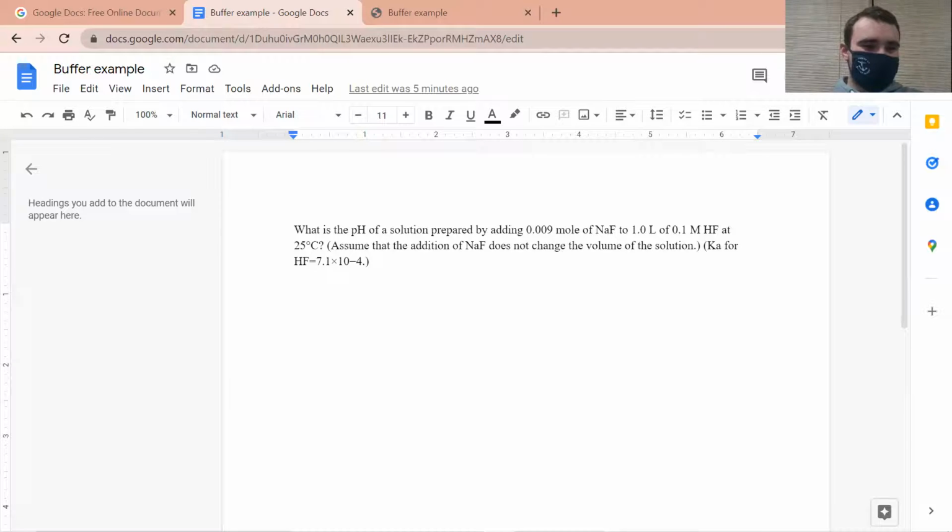So the two chemical compounds that we have are hydrofluoric acid, which is the weak acid, by the way, plus your sodium fluoride.